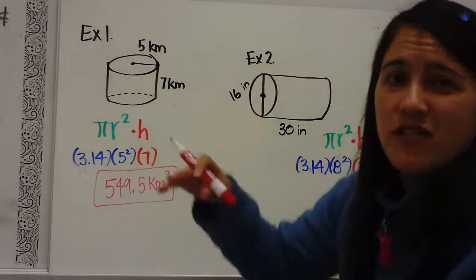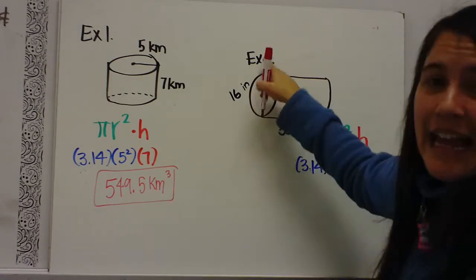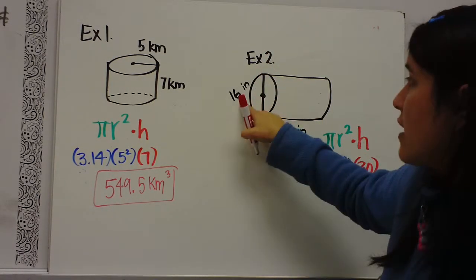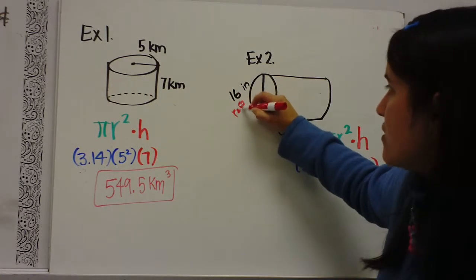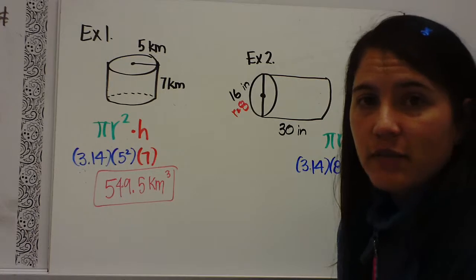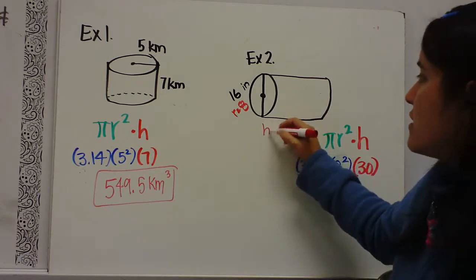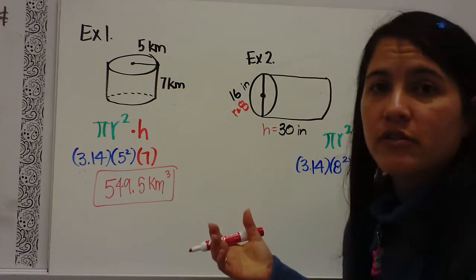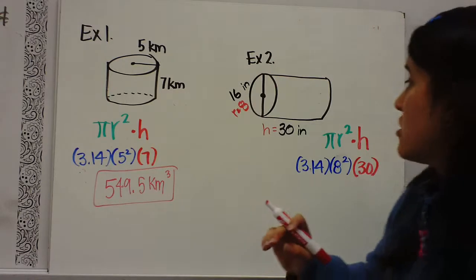Example 2, we have a cylinder that's turned on its side. First thing we notice is this is a diameter. We don't need the diameter, we need the radius. So if the diameter is 16, the radius is going to be 8 because you're going to divide it by 2. 16 divided by 2. This is our height because that's how tall our cylinder is. Even though it's laying on the ground, if you stood it up, it'd be 30 inches tall.